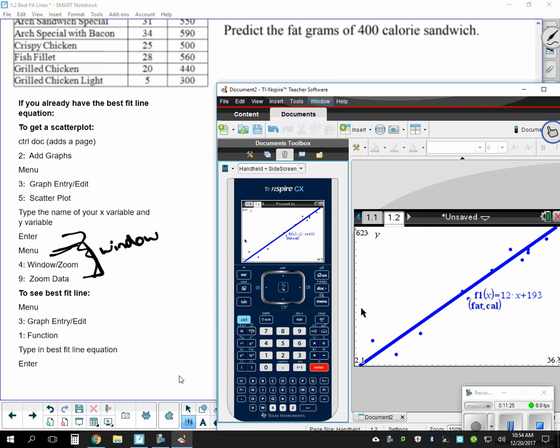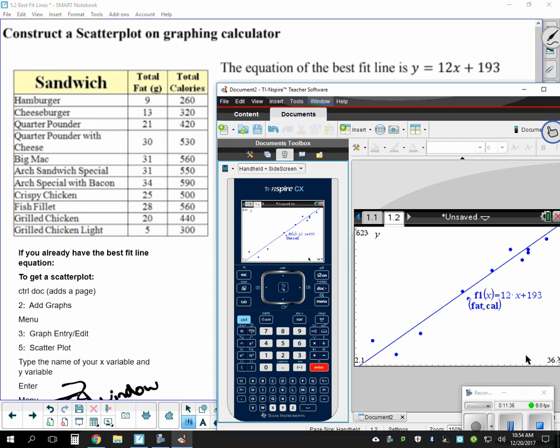So we can see from our data that as your fat grams increase, the total calories increase in a pretty good linear function.